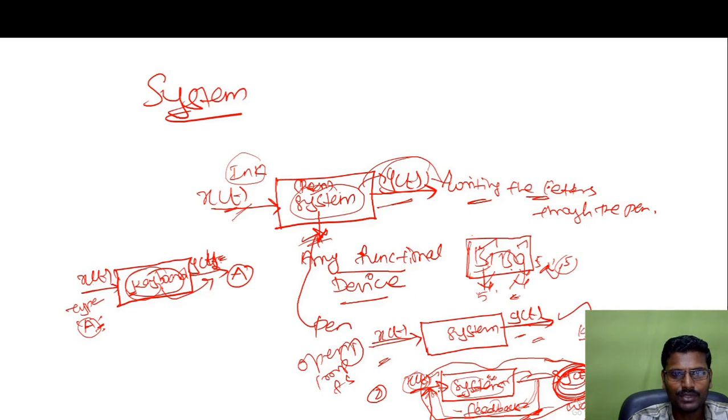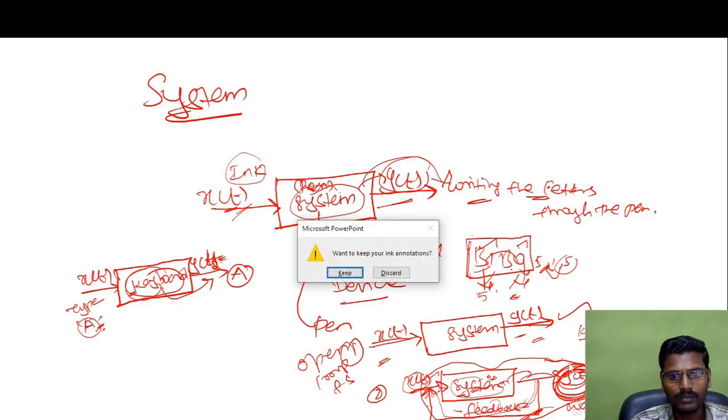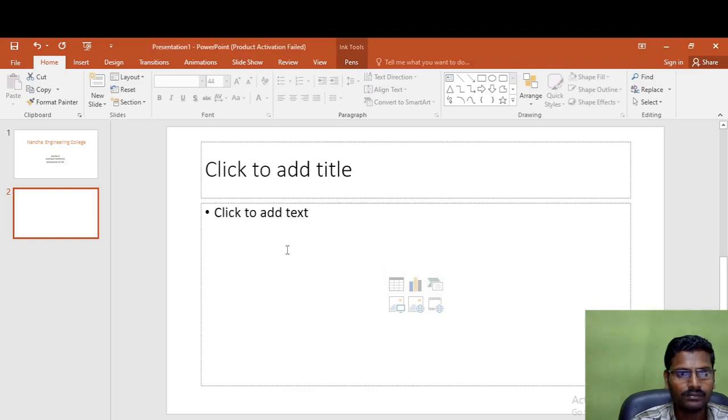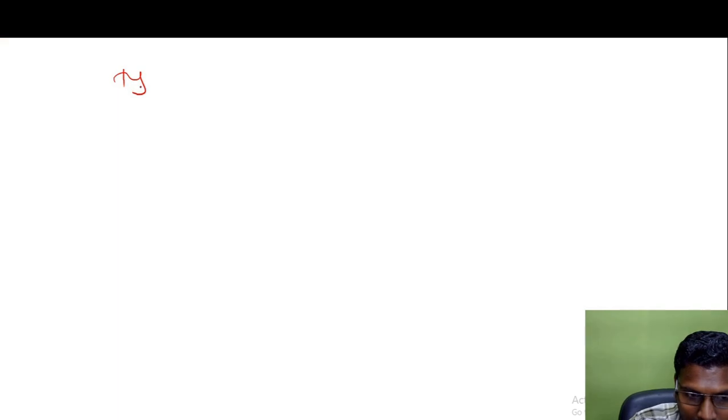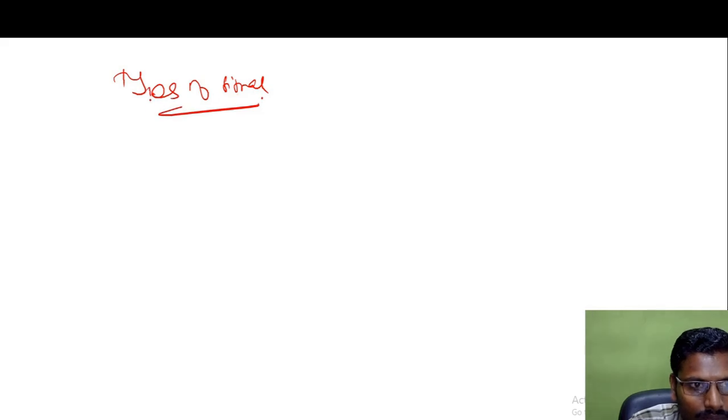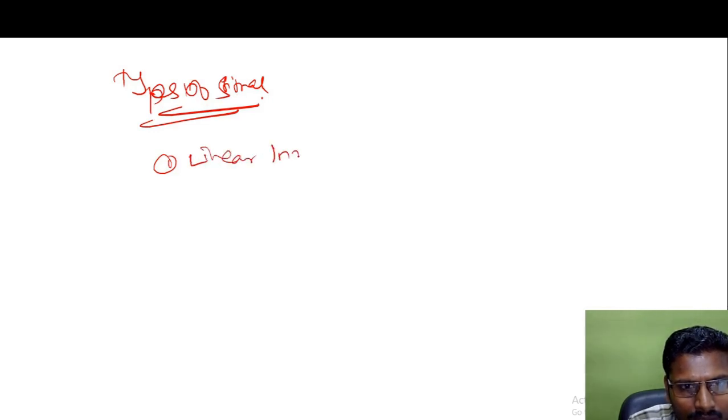Now we'll see the basic types of signals and the basic types of systems, right? Types of signals. First one, linear and non-linear signal. Second one, unit step signal.